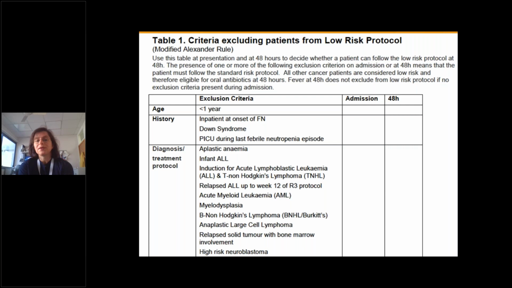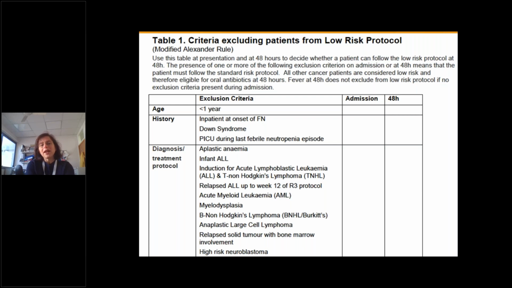So the fact that the patient has required PICU during the last febrile neutropenia episode, or anyway in the past, should be worrisome for us. It can also be a sign that the patient may be colonized with an organism which puts him at a higher risk of repeated aggressive infection.